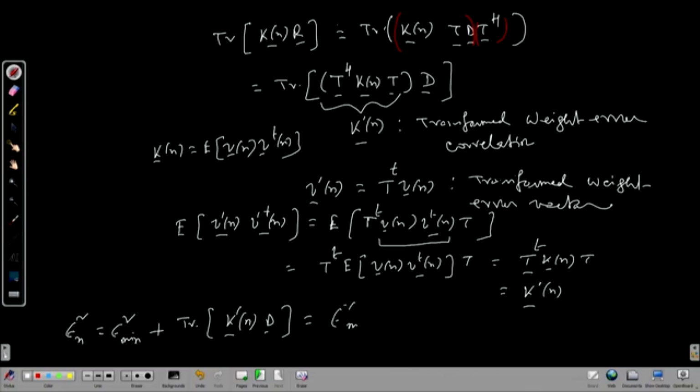So, it will be the sum of lambda i K prime ii n, where i can be, I do not know what range I took earlier, 0 to n minus 1 or 1 to n. Okay. These are the diagonal entries. This is the extra term. Okay. This is called excess MSE, epsilon square excess at n, all right.